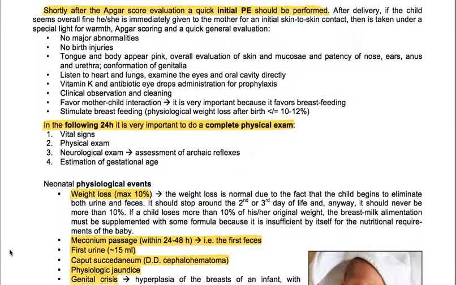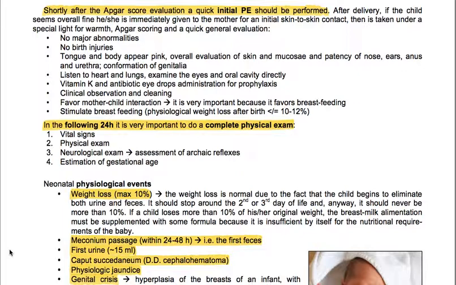Tongue and body appear pink. Overall evaluation of skin and mucosa and patency of nose, ears, anus, and urethra. Confirmation of genitalia. We have to listen also to heart and lungs. Examine the eyes and oral cavity directly. Vitamin K and antibiotic eye drops administration for prophylaxis. And clinical observation and cleaning.